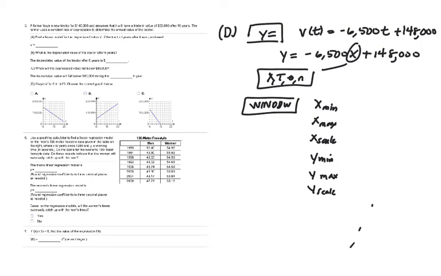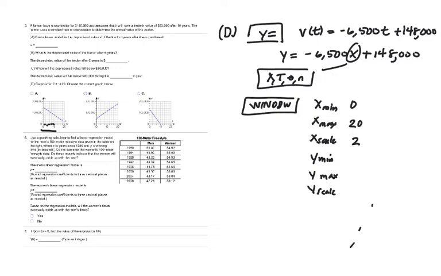Our x minimum, it says to choose time values between 0 and 20, so our x min will be 0 and our x max will be 20. If you count below, the increments between 0 and 10 here are 1, 2, 3, 4, 5. So if you divide 10 by 5, you'll get 2. So that's in increments of 2, so we'll do a scale of 2.